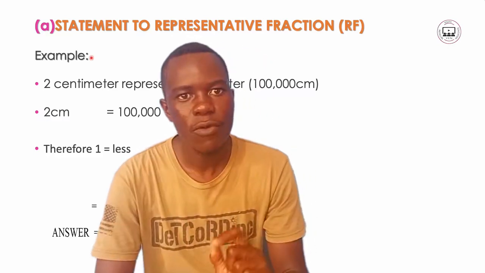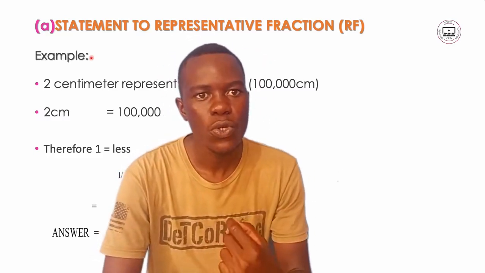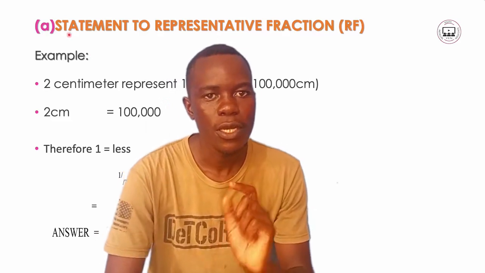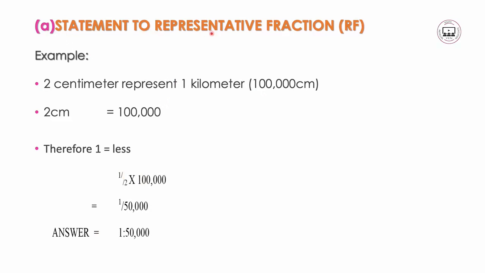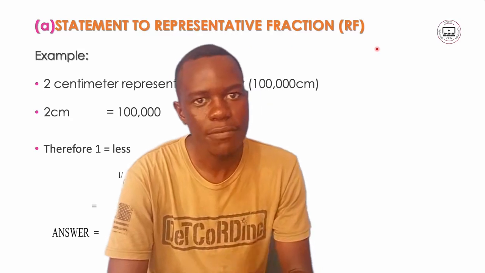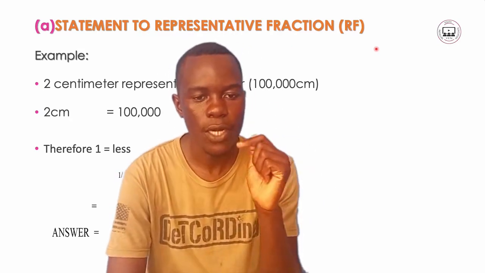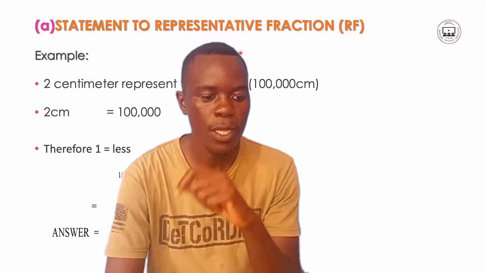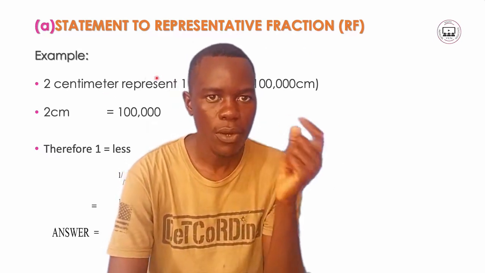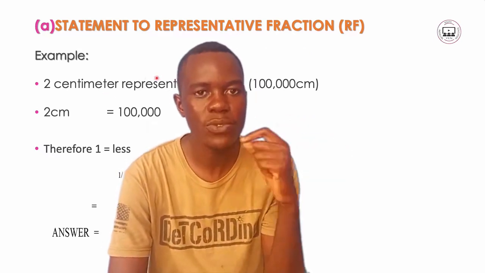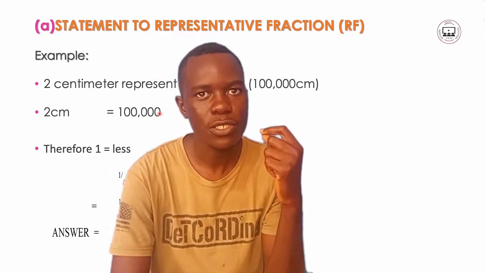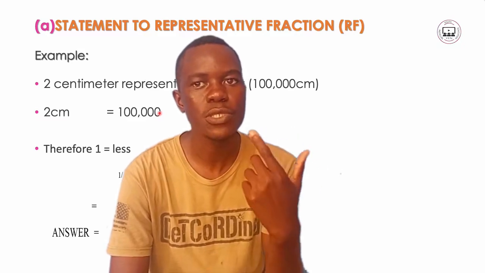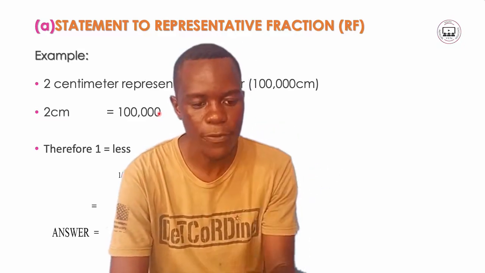The first conversion which we are going to look at is converting a statement scale to a representative fraction. Now, if I can take you back to the previous lesson, I said that the statement scale usually uses words to express the scale.